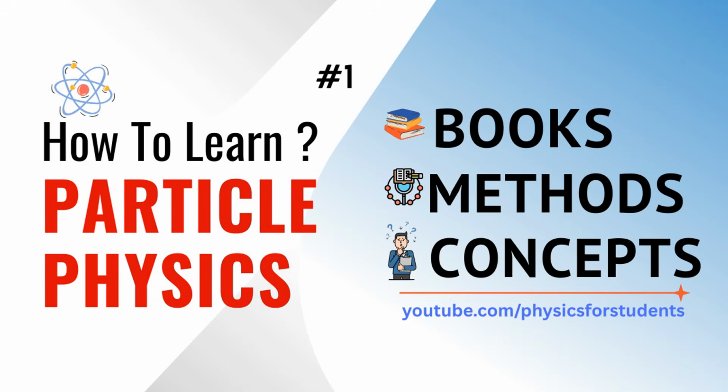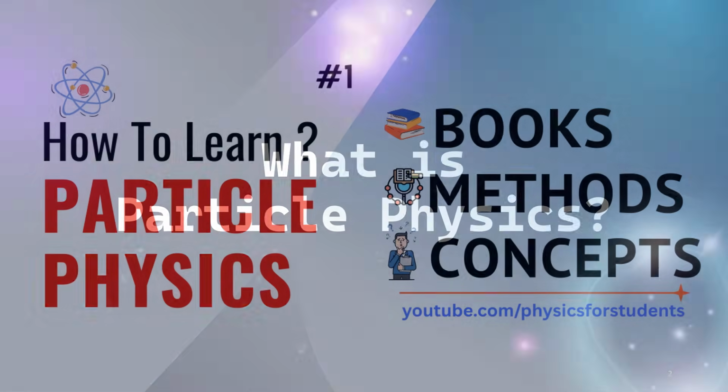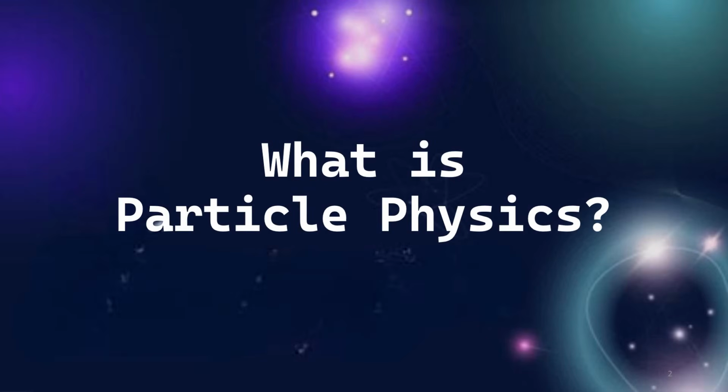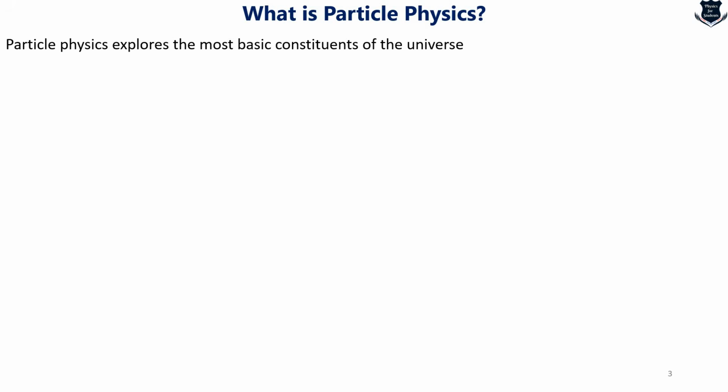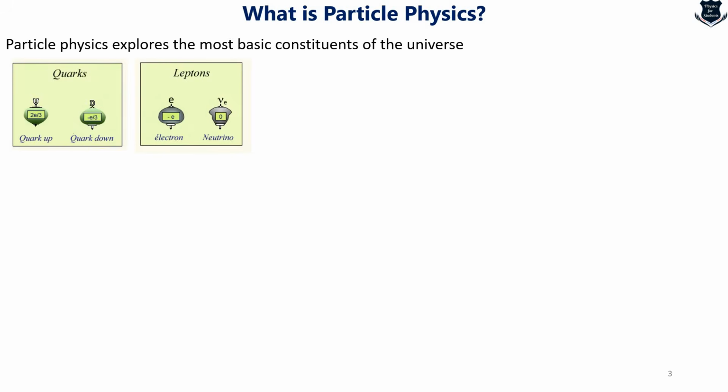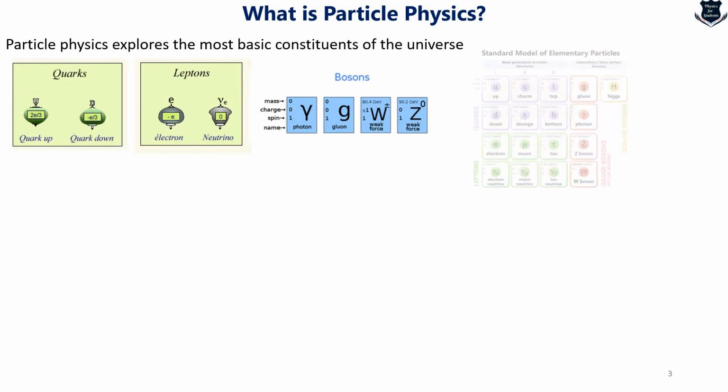Before we go ahead and review the books, methods and the concepts, first let us understand briefly and quickly what is particle physics. Particle physics explores the most basic constituents of the universe, particles like quarks, leptons and bosons, which together form all the matter and forces that we observe.